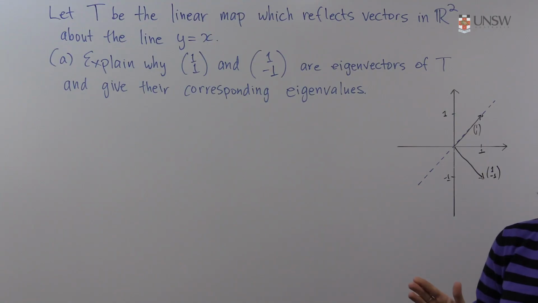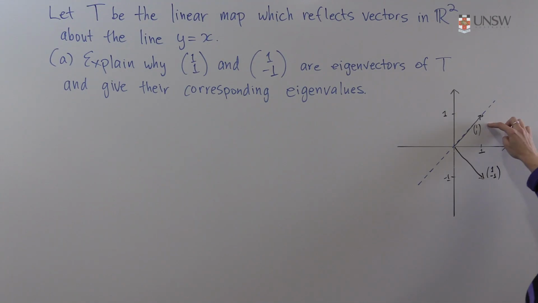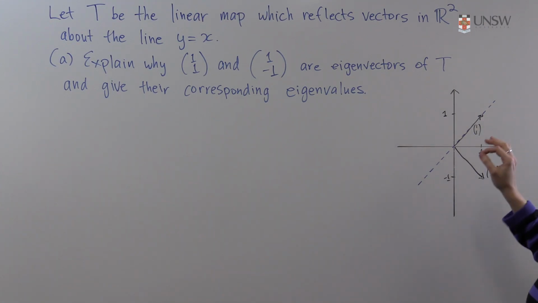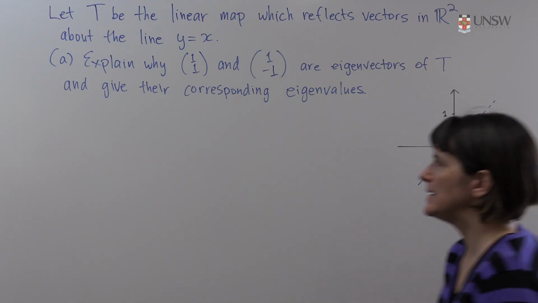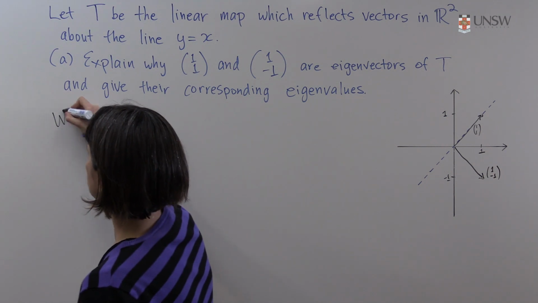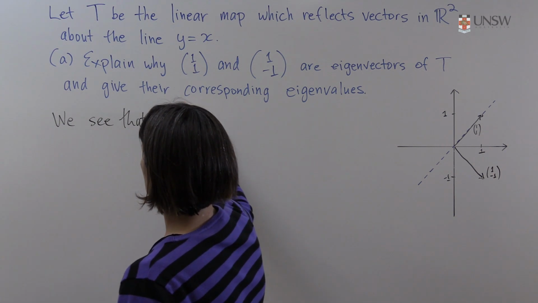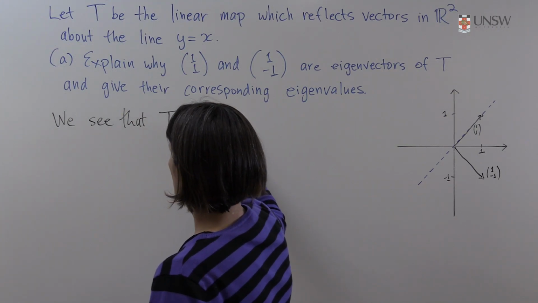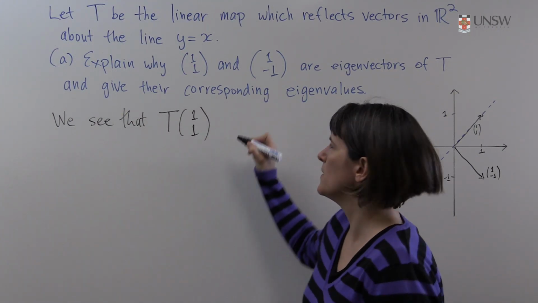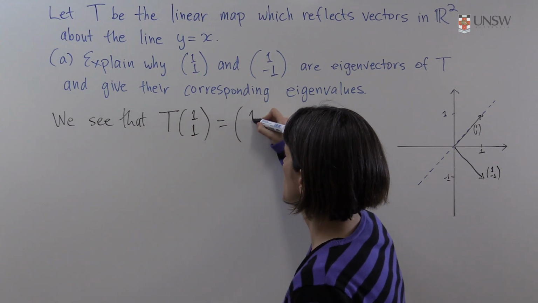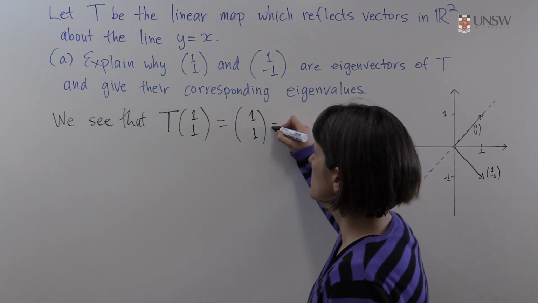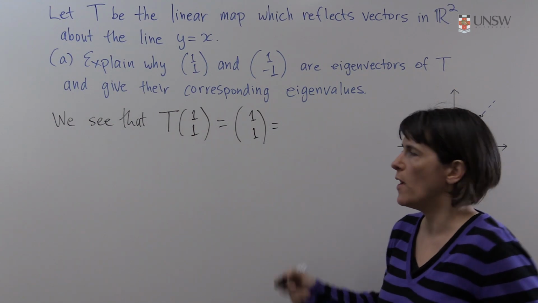Now what's the reflection going to do to the vector (1, 1)? Nothing. It's already on the axis of reflection. So we see that if you apply T to (1, 1), you just get the vector (1, 1) back. And we want to write this as a constant times (1, 1).